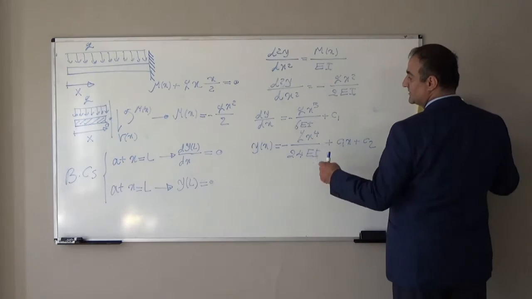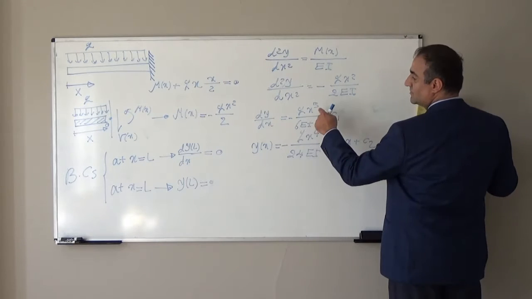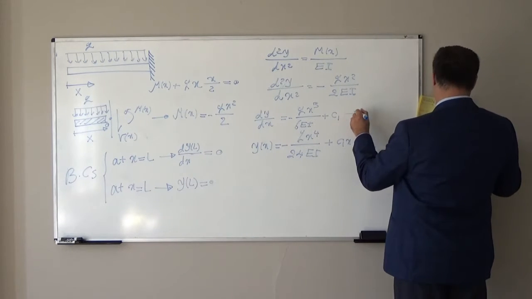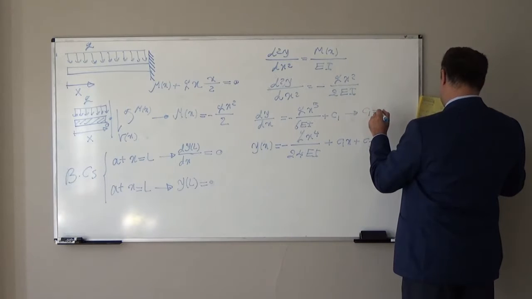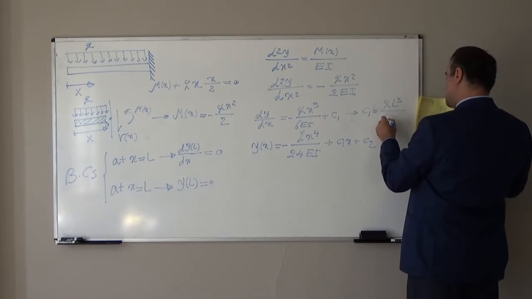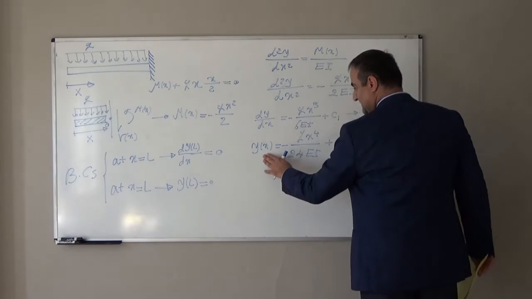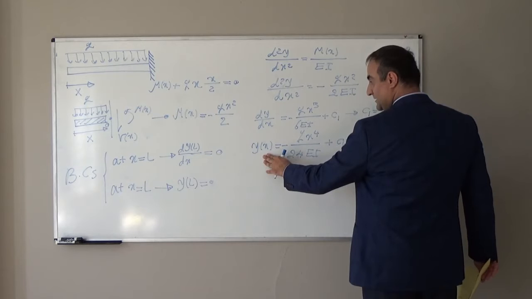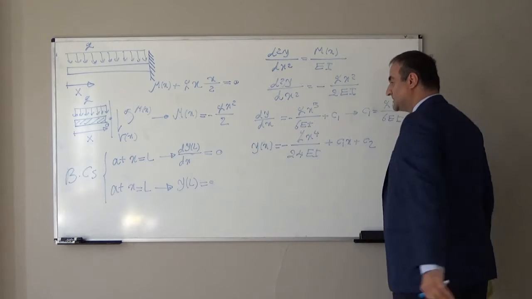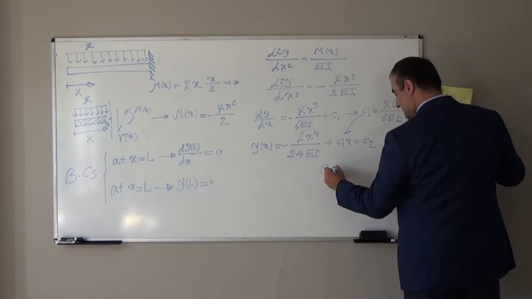If you put here dy over dx is equal to 0 at x equal to L, you will end up here, C1 is equal to QL cubed over 6EI. And if you plug here y is equal to 0 at x is equal to L, and instead of x you plug L and you plug C1 here, you will end up with C2.